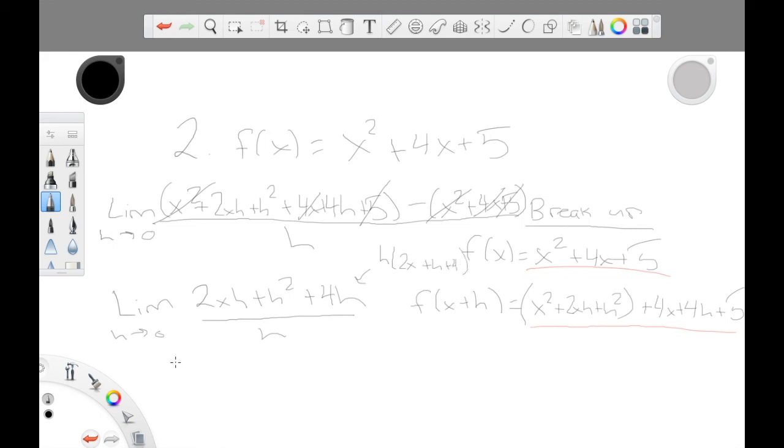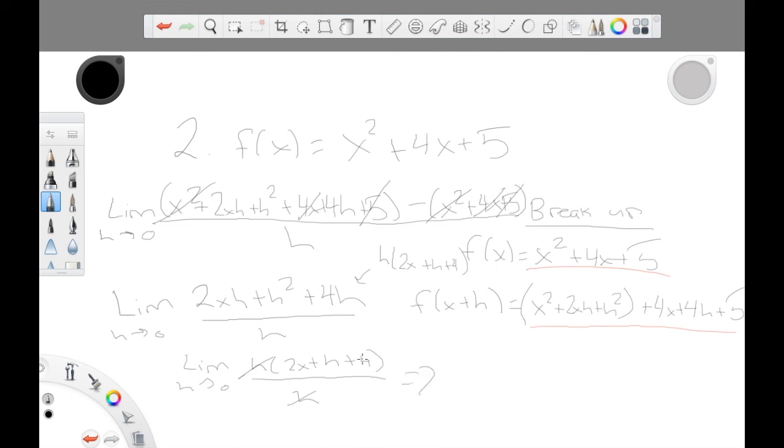It's a bit messy, but what we want to do is we always want to try and get h out of the denominator, because when you plug in 0, you can't have 0 on the bottom because that'll make it undefined. This allows us to cross out h on the bottom, so now our formula won't be undefined.